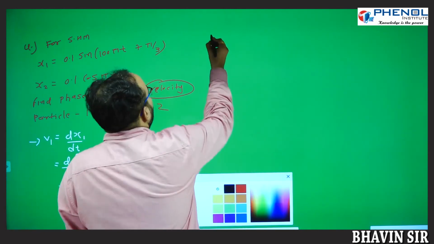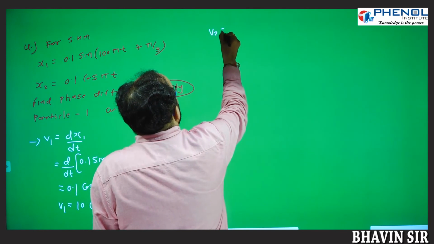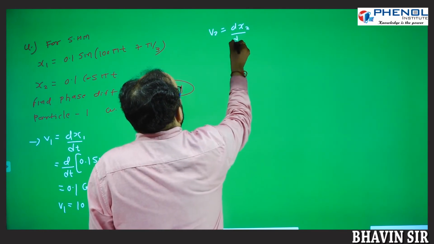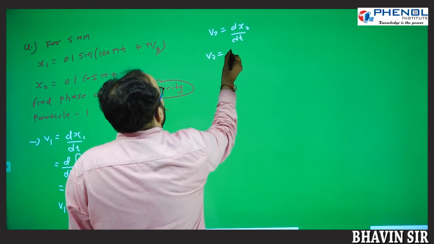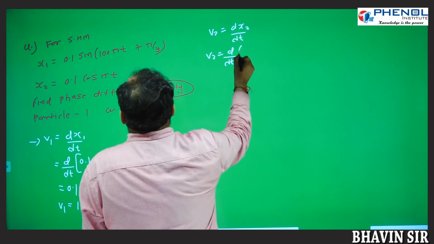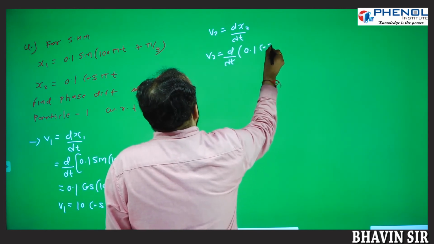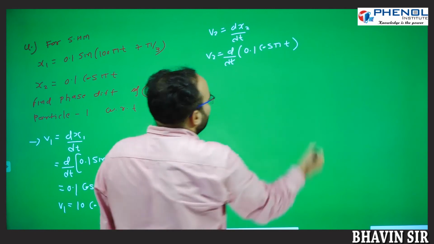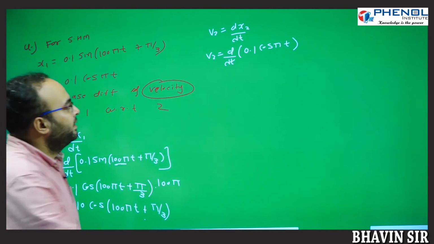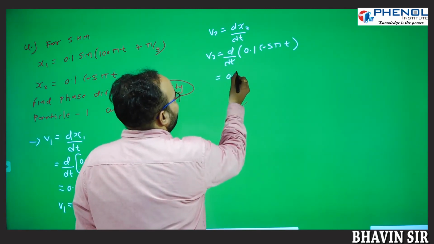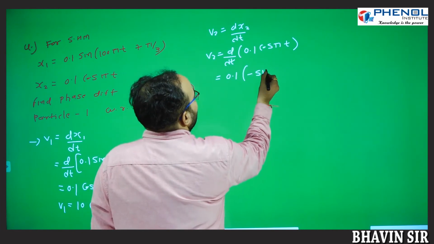So now for the second, velocity of the second: what is x2? 0.1 cos pi t. So what is the differentiation of cos?